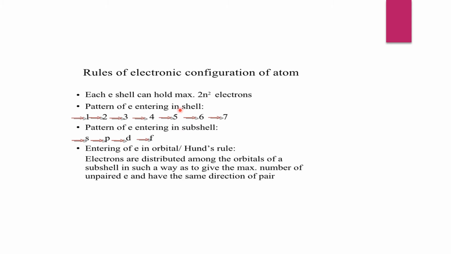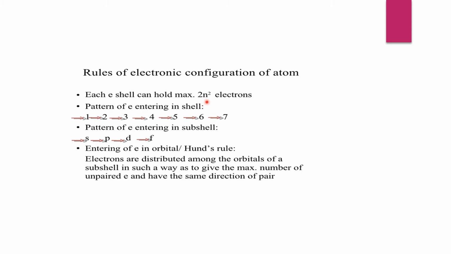The rules of electronic configuration of an atom. To fill up electrons in an atom, the first rule is that each electron shell can hold a maximum of 2n square electrons. That is, for the first orbit, 2 into 1 square, so 2.